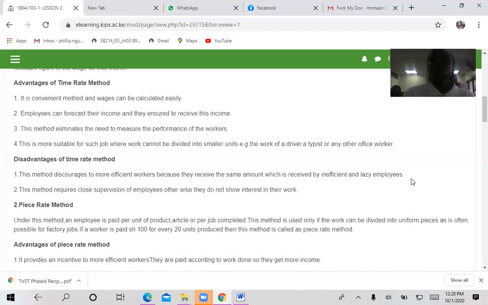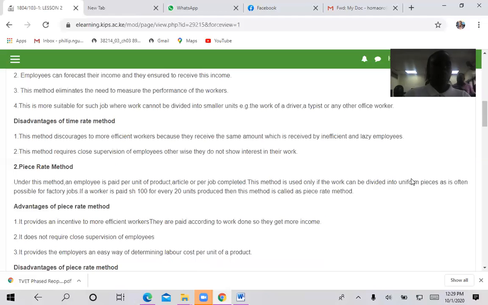Also, it requires close supervision of employees. Otherwise, they do not show interest in their work because they are just counting hours. So you cannot have interest in the work. This makes the supervisors have to be close to you.